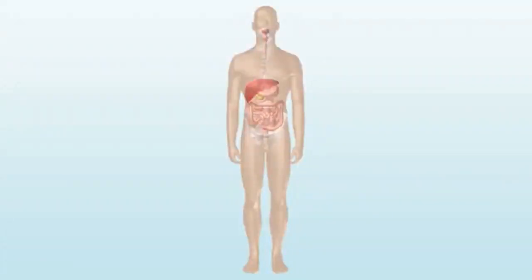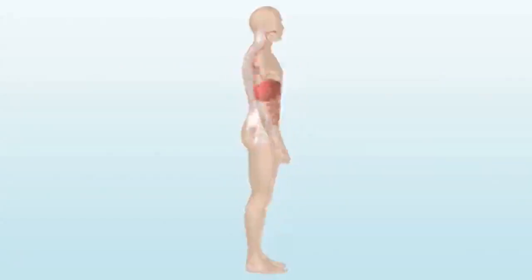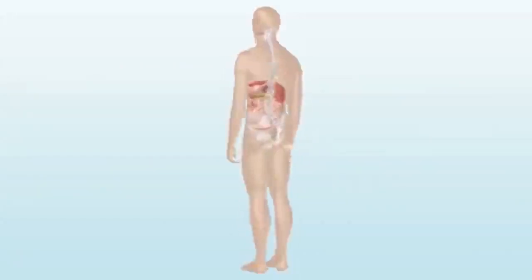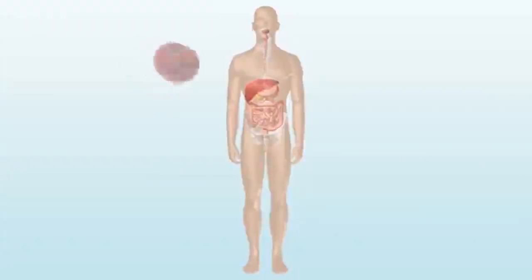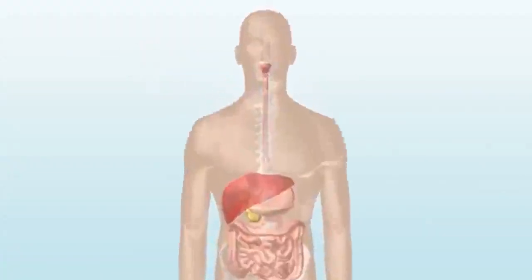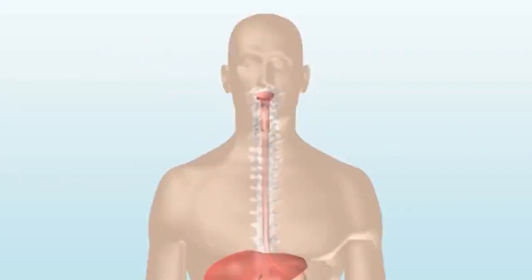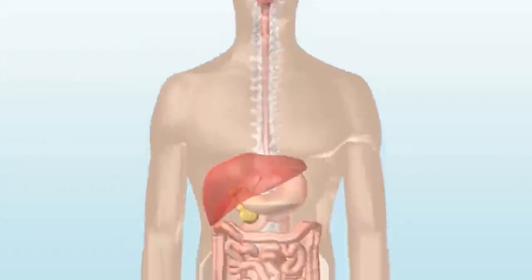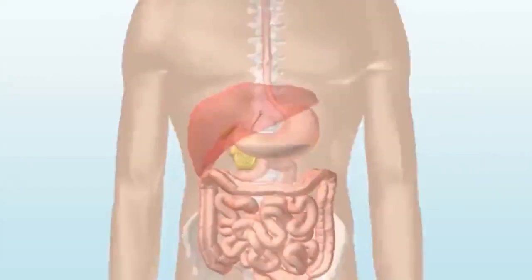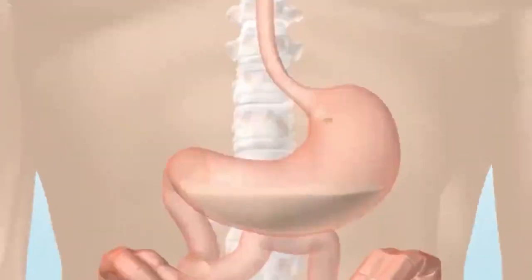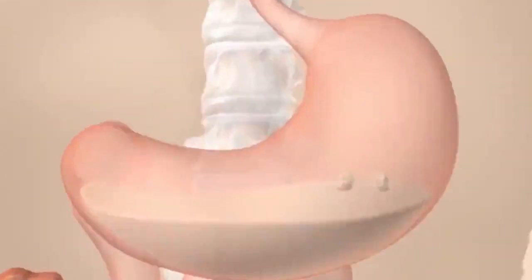Your digestive system consists of all the organs involved in breaking down the food you eat, absorbing nutrients and eliminating waste products. When you take a bite of food, your digestive system is activated automatically. In the stomach, the food is broken down into smaller pieces and digestive juices are added.